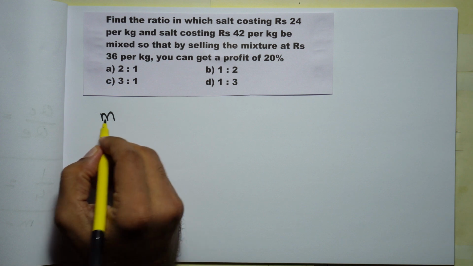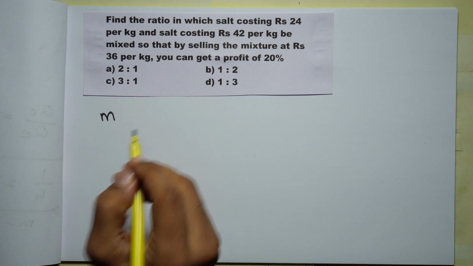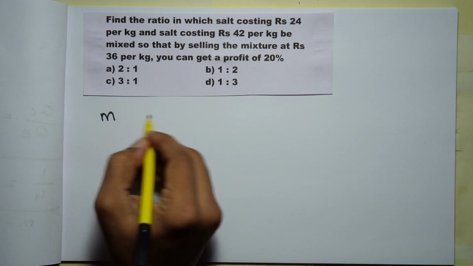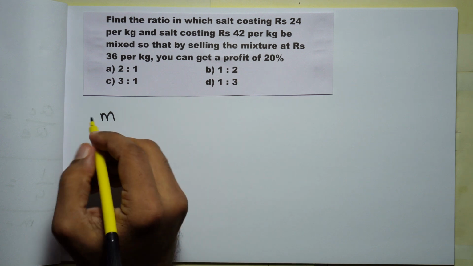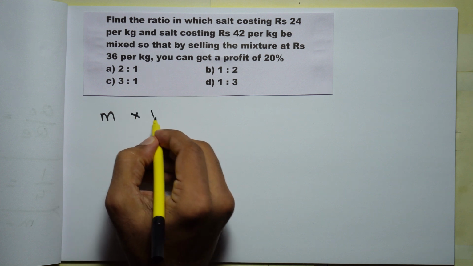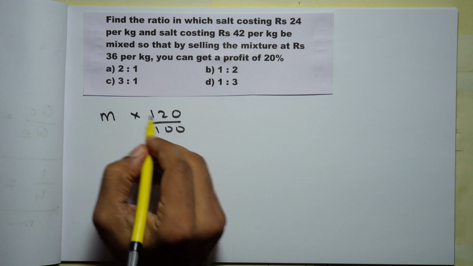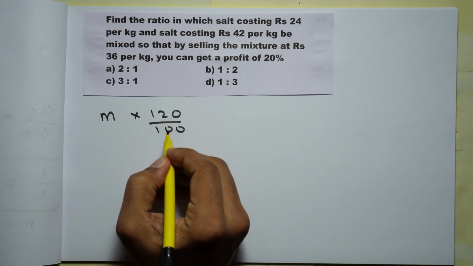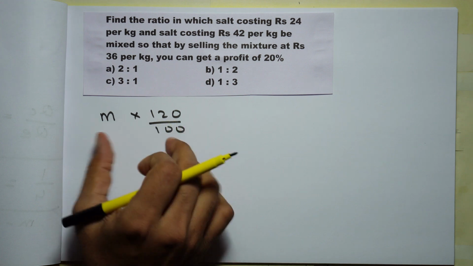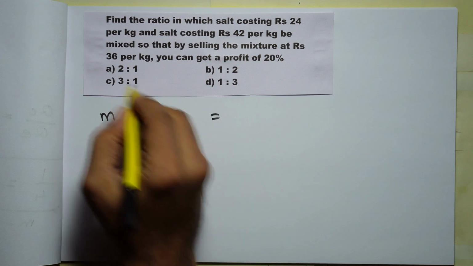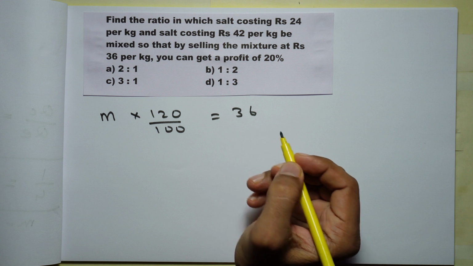Now M is the cost price of the mixture. And to get a 20% profit, you have to increase this value by 20% and sell it. Now to increase a value by 20%, you have to multiply by 120 by 100. So this is how you increase a value by 20%. And if you sell it at this price, there will be a 20% profit, and that selling price is rupees 36.